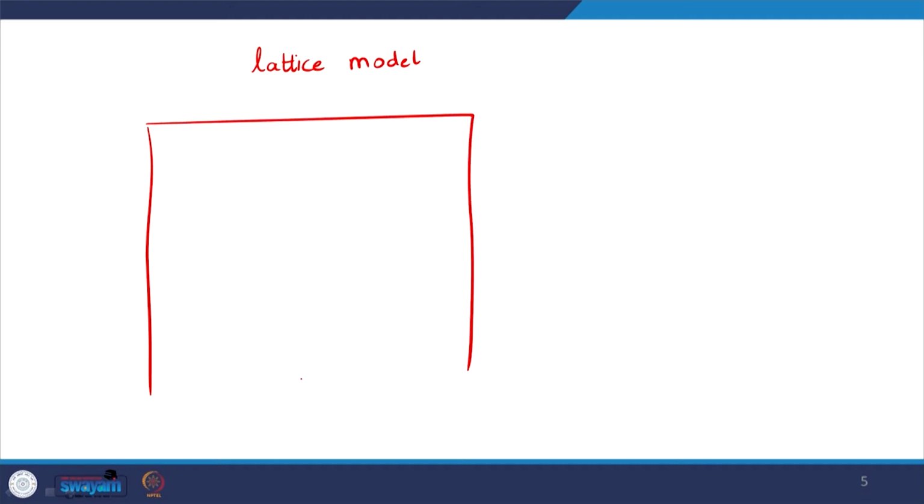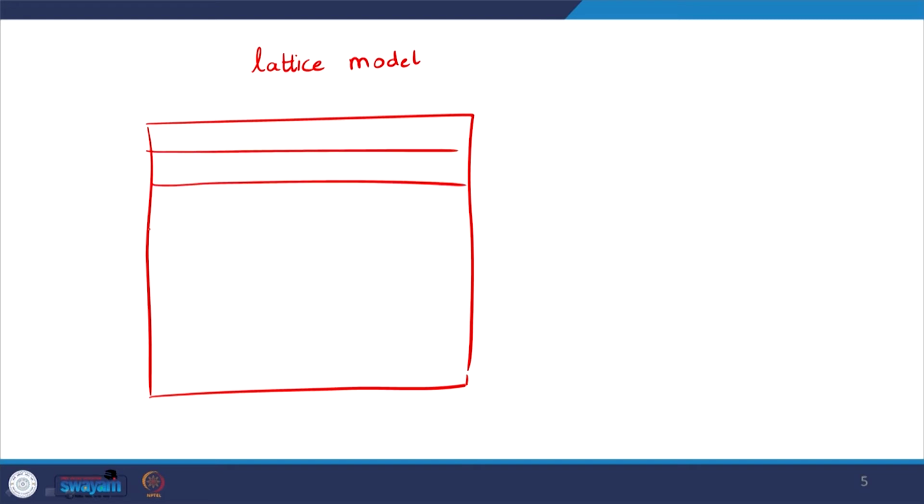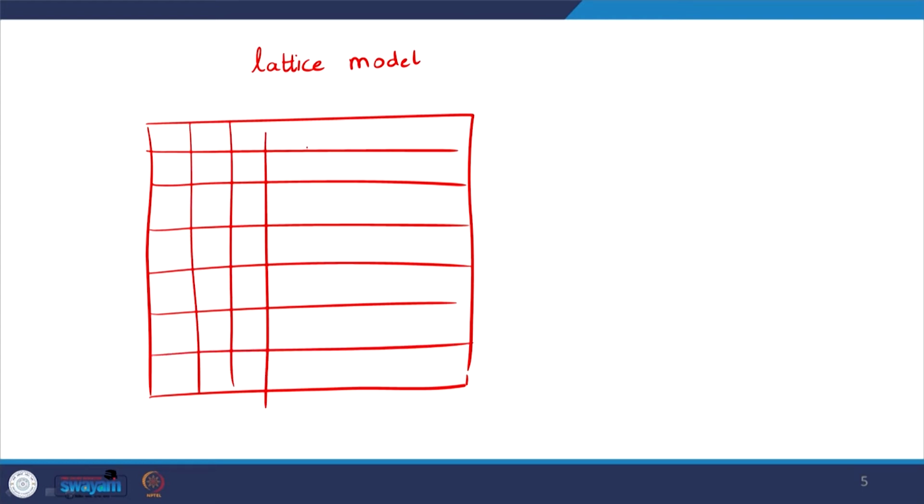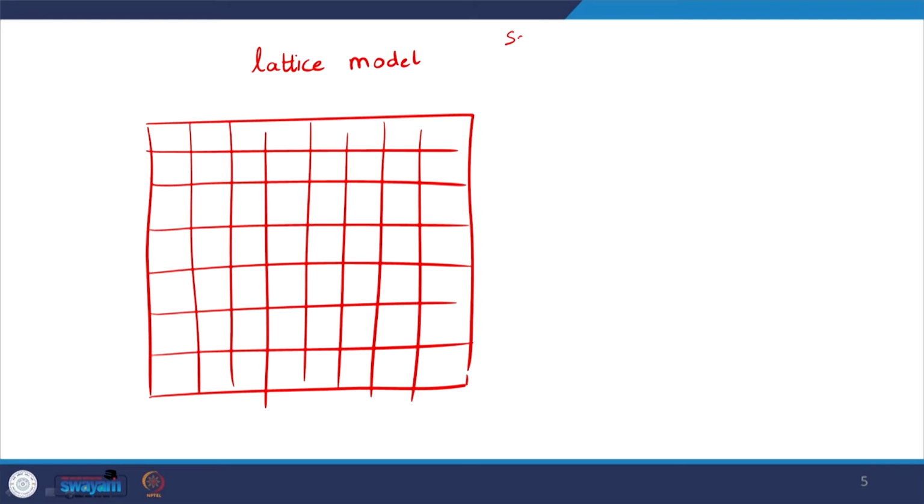So, with that kind of an argument, what the lattice model assumes is that I still have a system of solute and solvent, but I assume that they are occupying positions on a lattice. And lattice here is like kind of a chessboard, so as to speak. So we have a solute and a solvent. I will use different symbols for them.